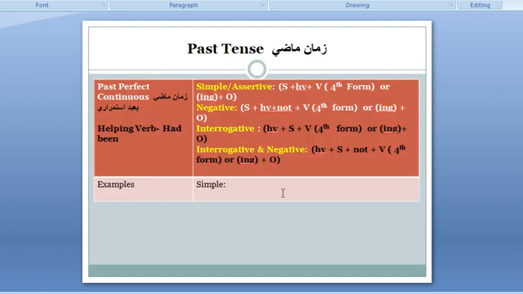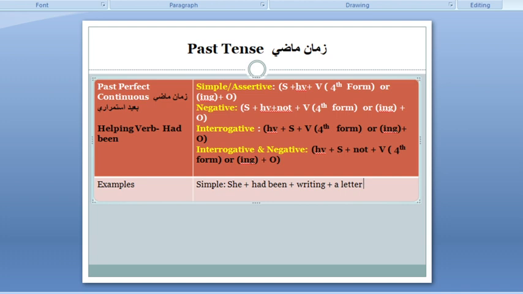So let's see. She had been, because I have to use the fourth form of the verb, had been writing a letter. Now, she had been writing a letter. This is a simple sentence of the past perfect continuous.